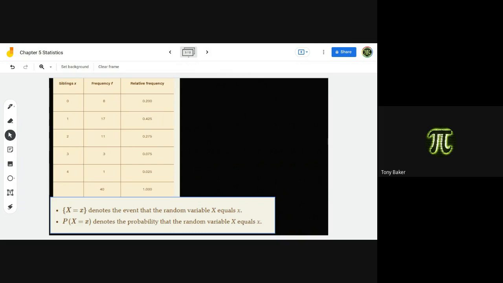If we put the P in front of it, we're talking about the probability that that event occurred. For example, what's the probability that I have one sibling? It'd be capital X equals 1, and the probability would be 0.425, which is the number right there. So P of X equals 1 is 0.425.